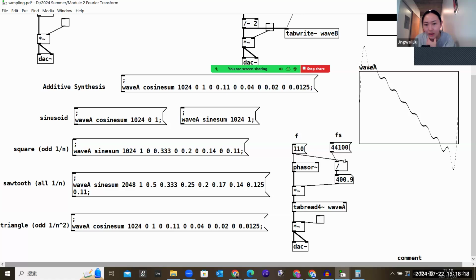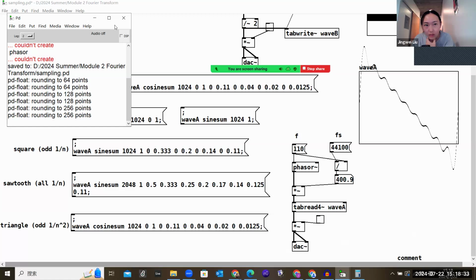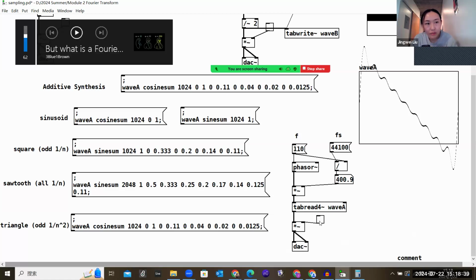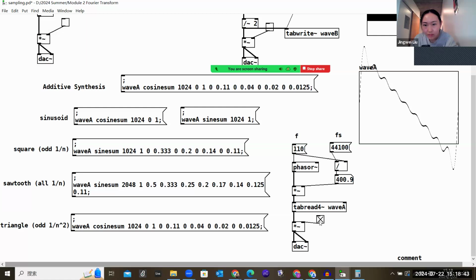Okay, and here actually we can listen to this wave table. Okay, so this is the sawtooth.